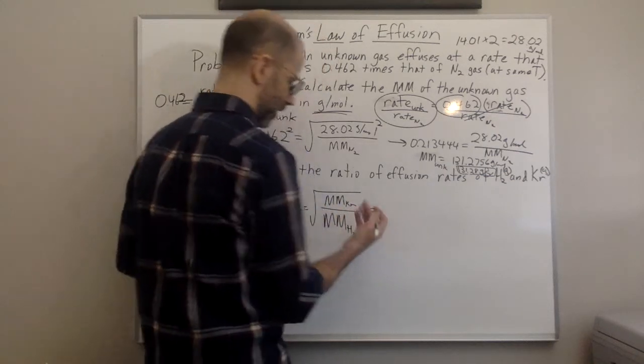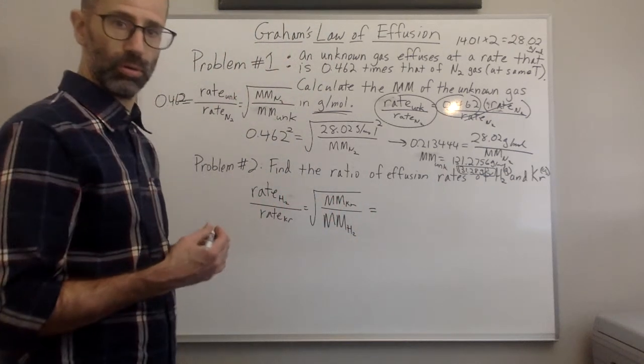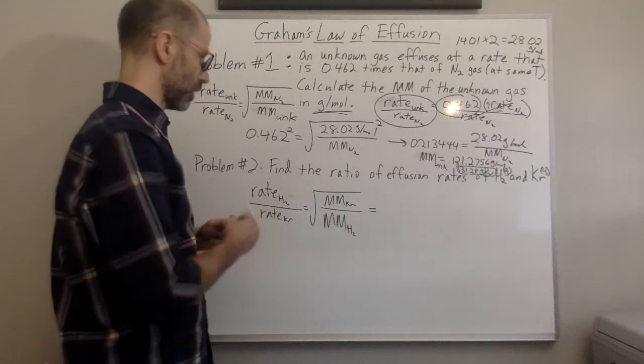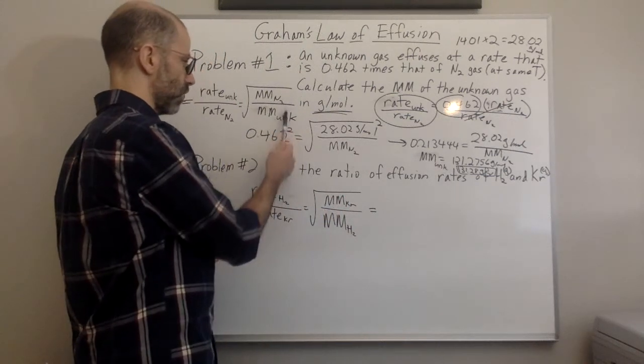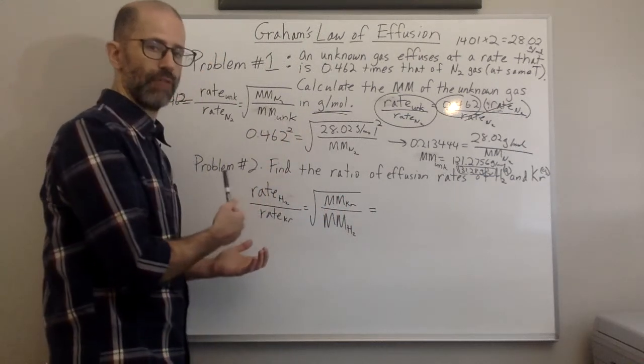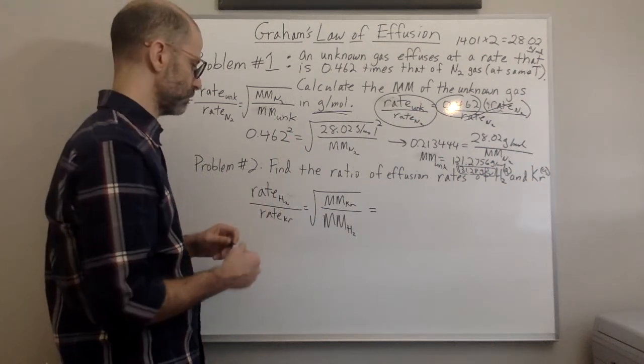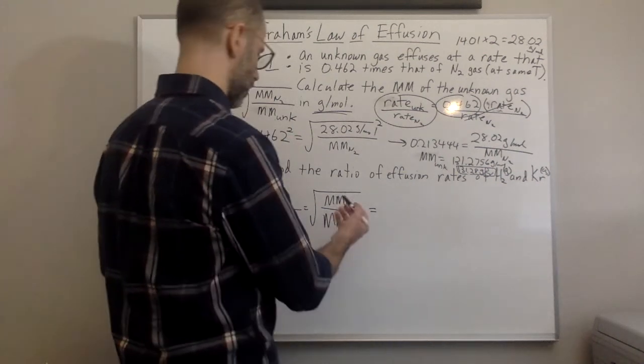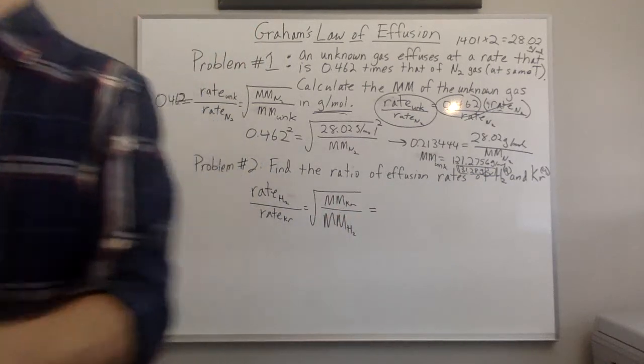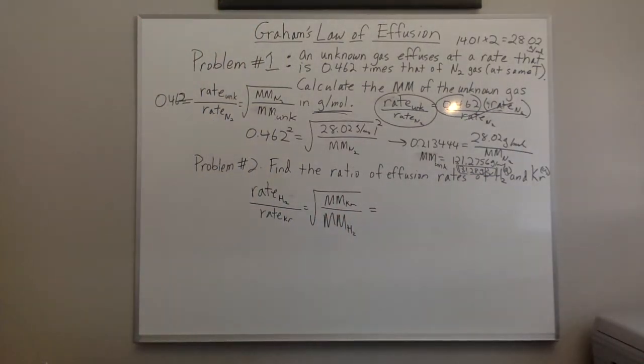I can put in the molar masses. They can be grams per mole. I don't have to do any conversions because, again, this equation does not have the R value in it, so I don't have to worry about any conversions. Okay, so the molar mass of krypton, I think we just found that it was, oh no, that was xenon.